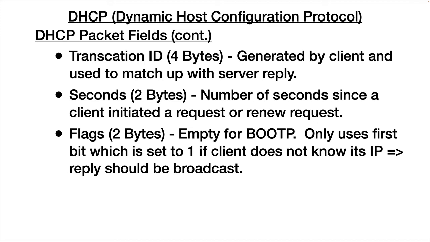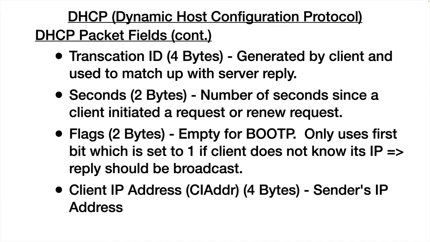Therefore, the server can't respond directly back to that client, so that's telling the server that the reply to the DHCP request should be broadcast so that the client hopefully sees it. We have a client IP address. This is the sender's IP address.